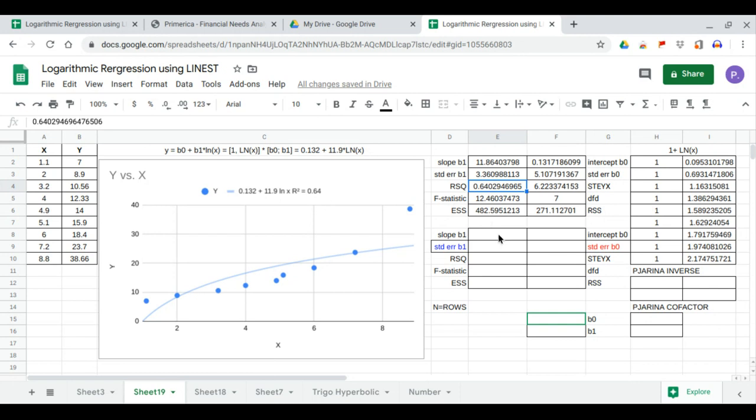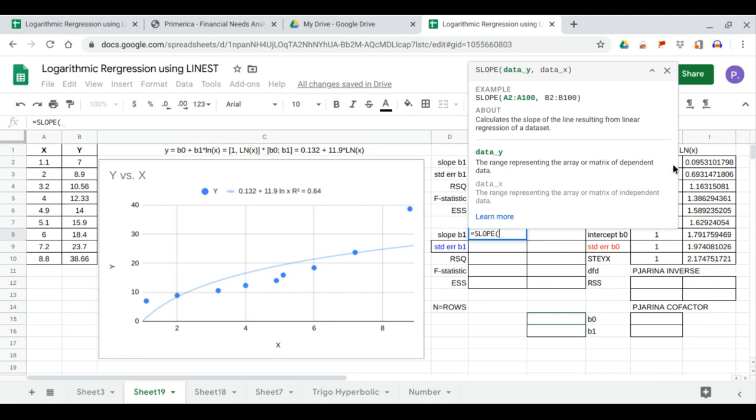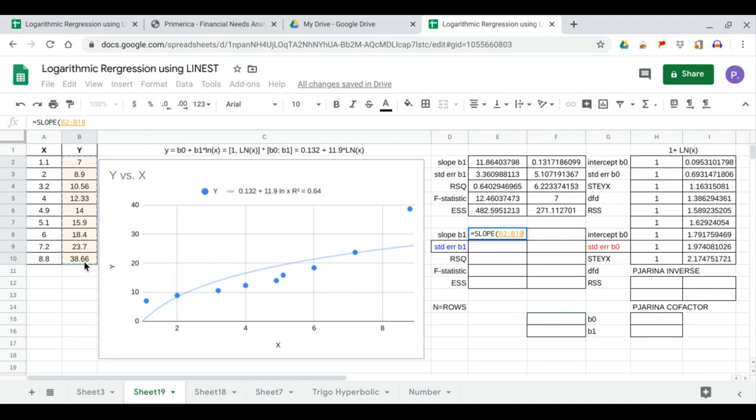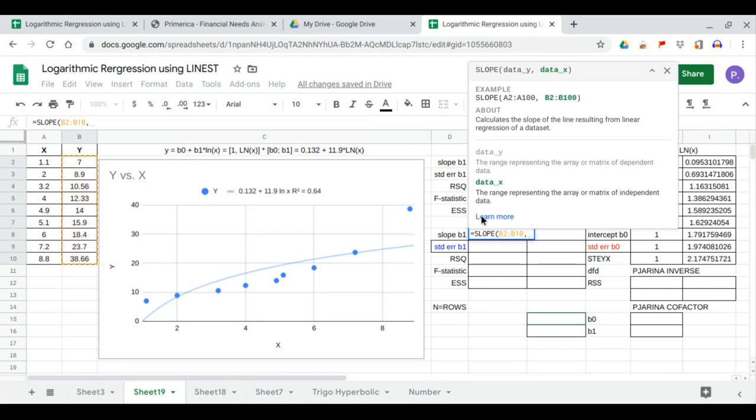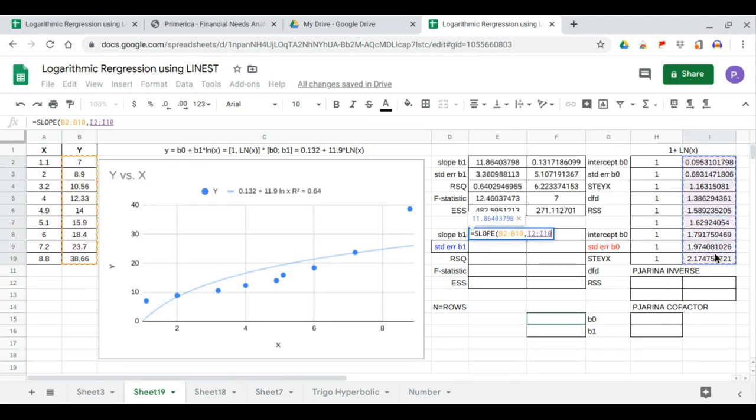But before we do that, we can use the SLOPE function, because we have already transformed the data to the linear form, where we have data y and data x. 11.6864 matches our LINEST output.